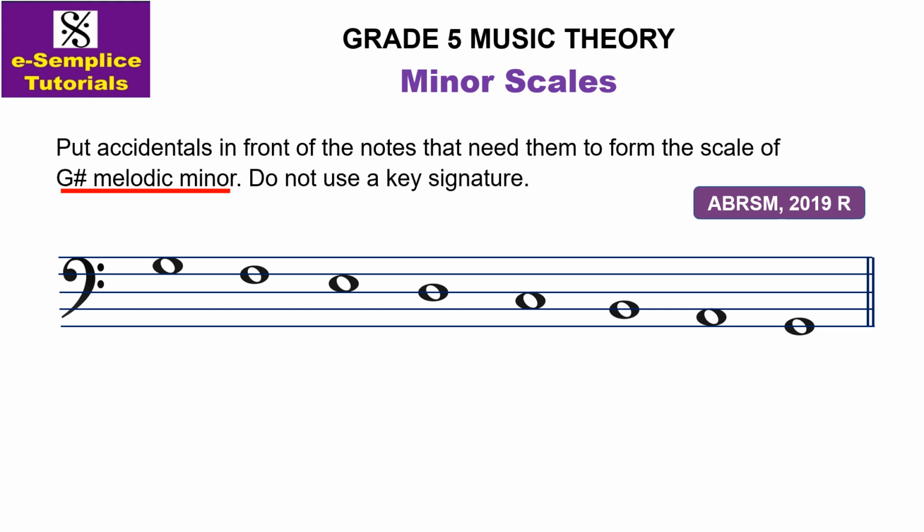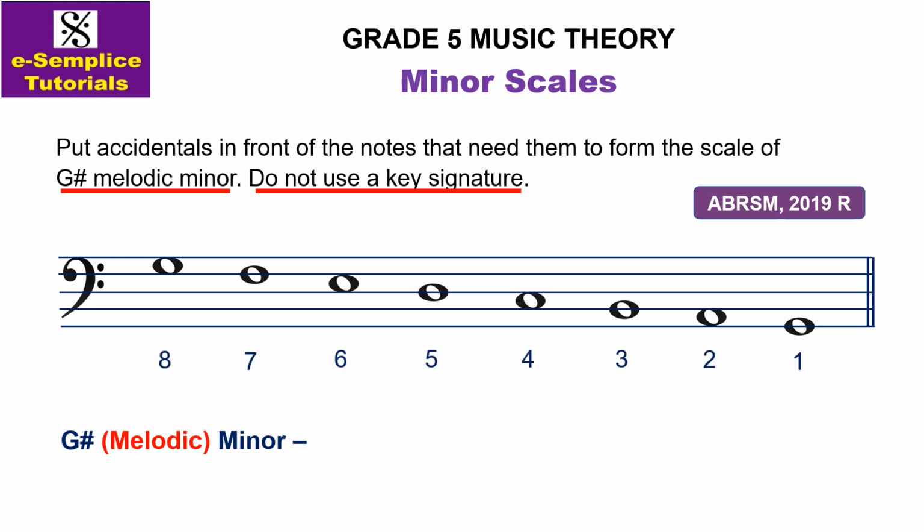It should be a G sharp melodic minor scale, and you are not supposed to use a key signature. We are working with G sharp melodic minor, and it's going to be a descending scale. It's already given.